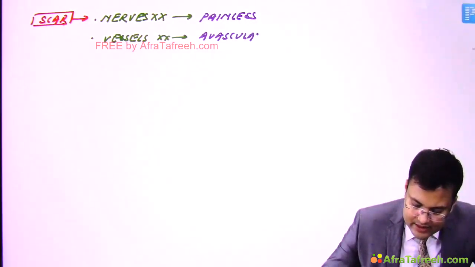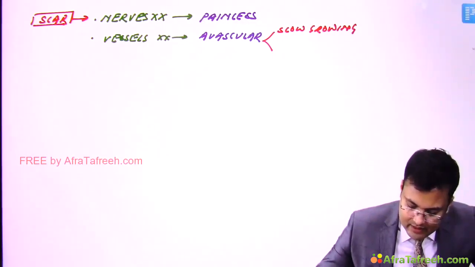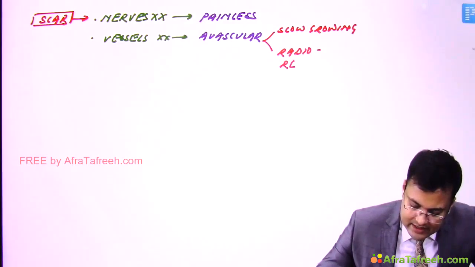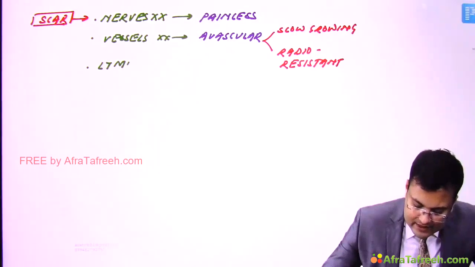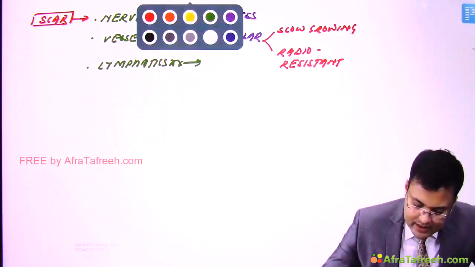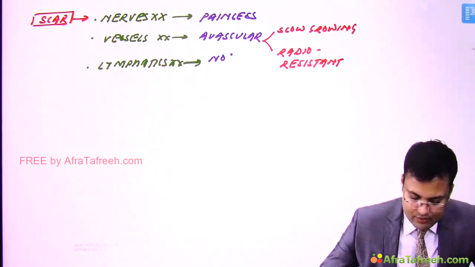And if the tumor is avascular, it means it is slow growing and radio resistant. Simple. After that, lymphatics are also destroyed. So since lymphatics are destroyed, it means there is no lymph node metastasis, right? So no lymph node metastasis.